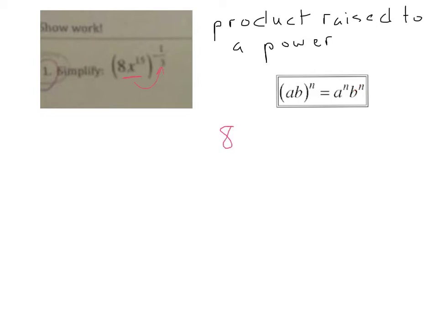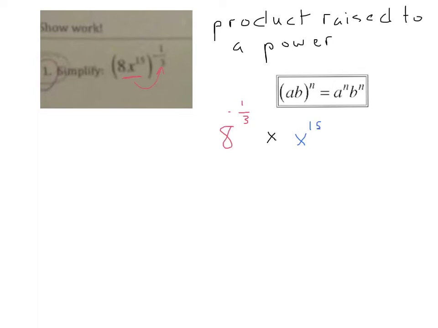And we want to go ahead and raise it to the power. So we're going to raise it to the negative 1/3, and then we're going to multiply that with the second term, our b term, which is, in our question, x to the 15th.